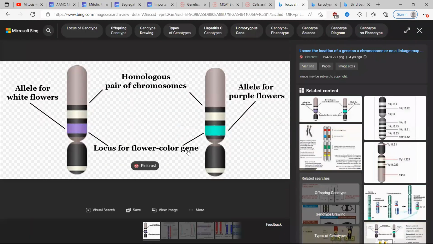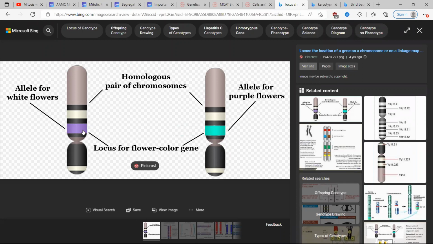So this is a homologous pair of chromosomes. Homologous meaning that they are the similar length and they're coding for the same genes. However, just because they're coding for the same gene, in this case the flower color gene, it doesn't mean that they are coding for the exact same trait, or allele, in that gene.